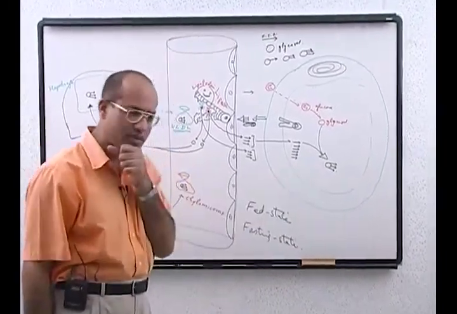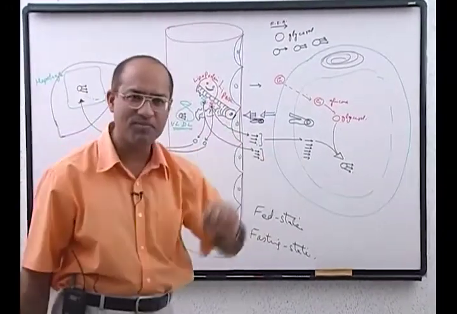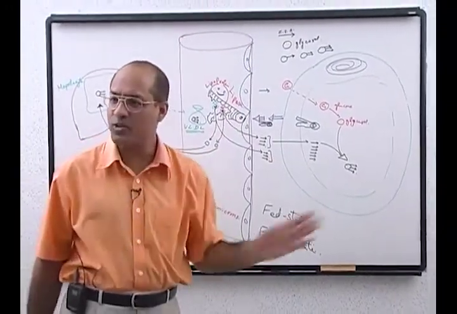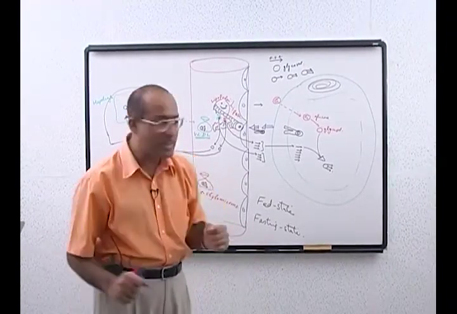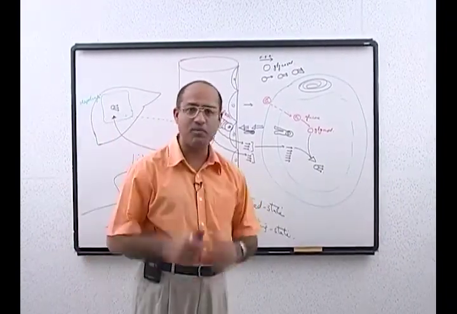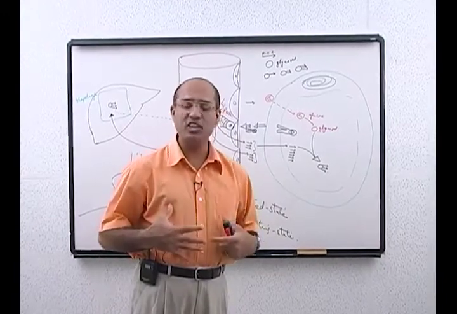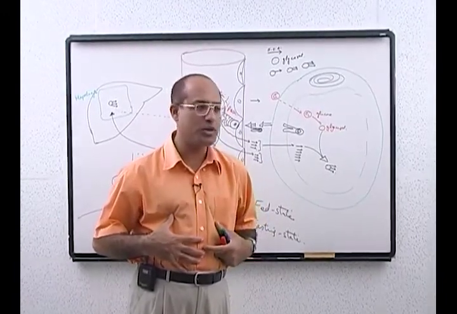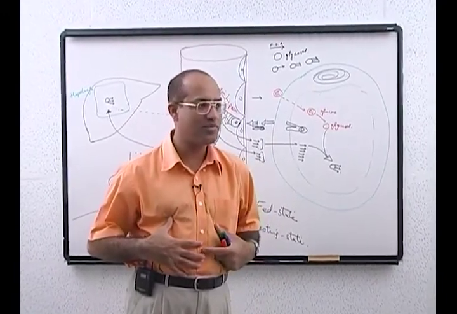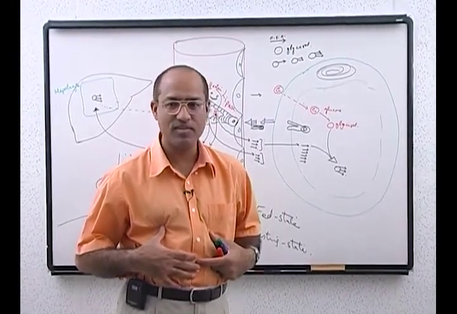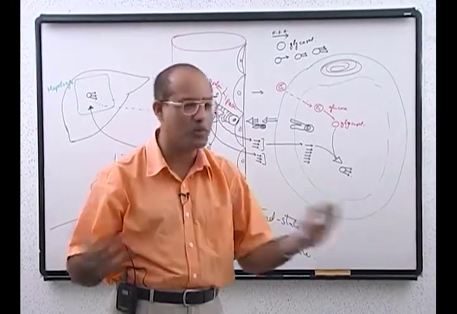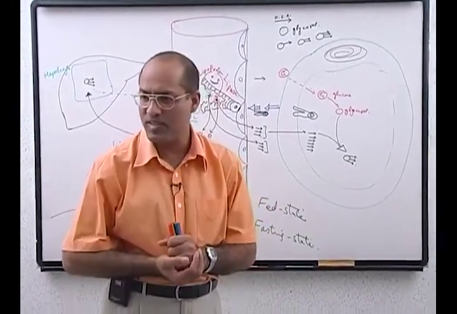Now the question is, who tells this cell that we have eaten the meal and you should store the triglyceride? Who tells adipocytes all over our body that we have eaten the meal and we should now start making triglyceride and storing energy? The answer is a hormone which all of you know. So who is going to tell me?